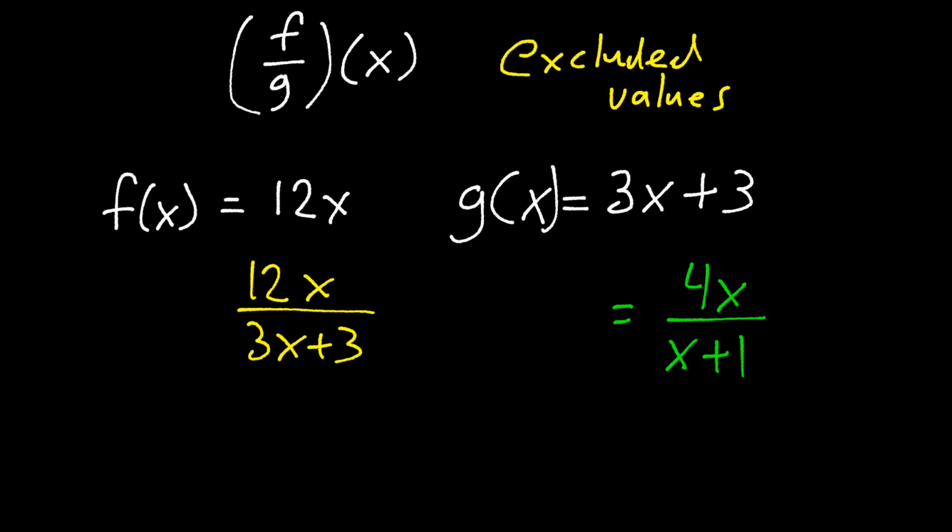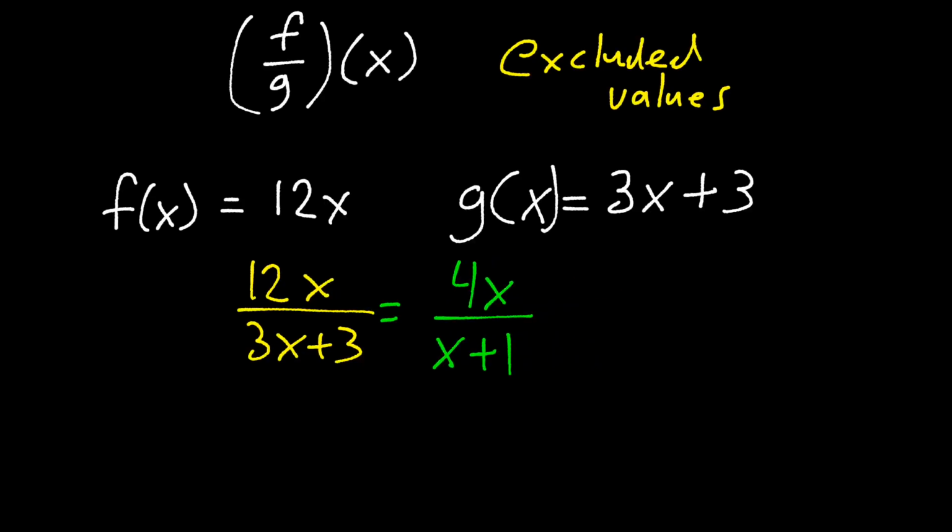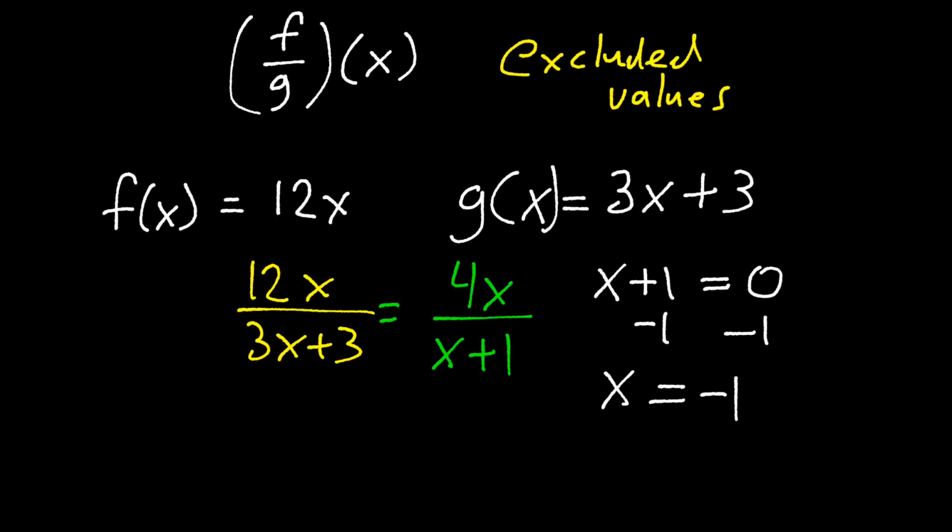And I need to figure out what the excluded value is for 4x over x plus 1. Just like last time, we take the denominator and we set it equal to 0, and then we solve for x. So x would be negative 1. That means in the denominator, x can never be negative 1 because that'll give us 0 here.